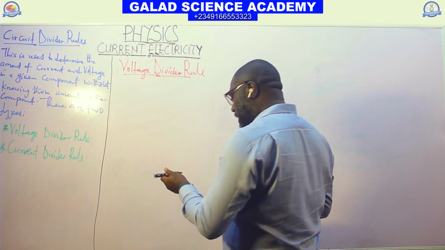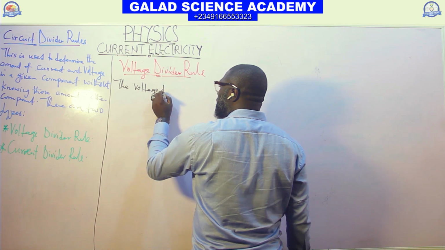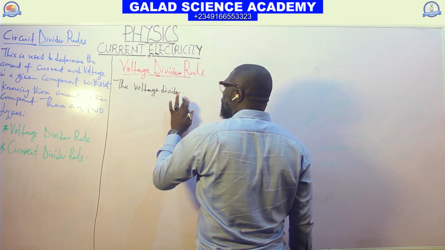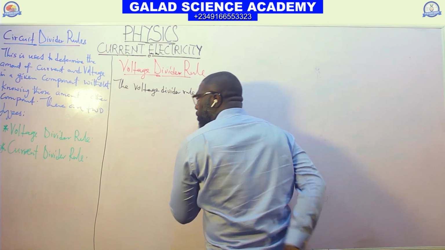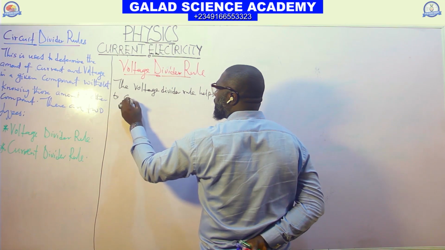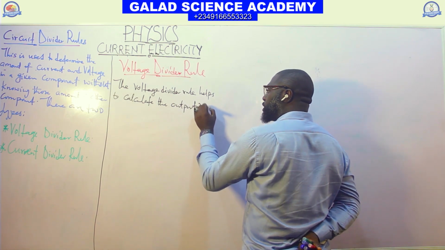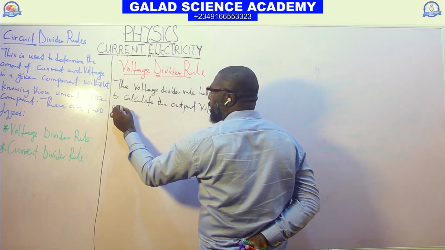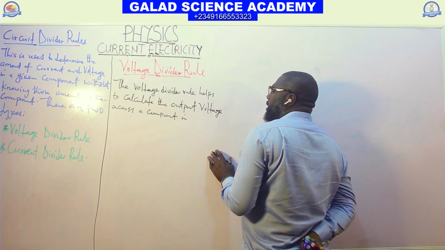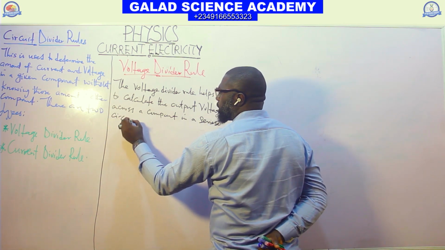The voltage divider rule helps to calculate the output voltage across a component in a series circuit.